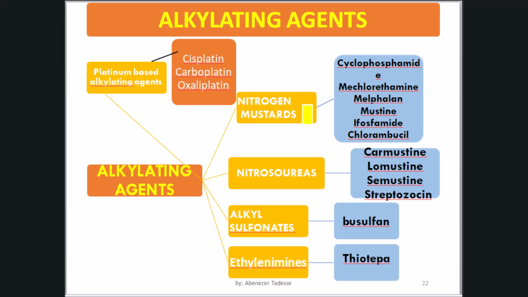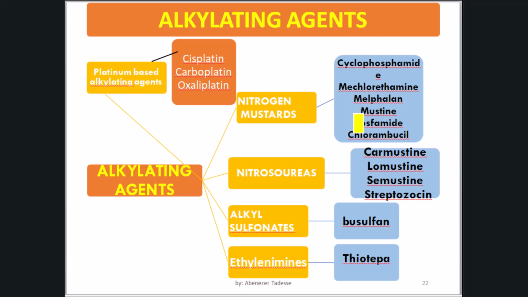After that, nitrogen mustard derivatives were discovered. Normally, these nitrogen mustard derivatives are less toxic than mustard gas, and nitrogen mustards are very water soluble and solid, but mustard gas is highly toxic and water insoluble.